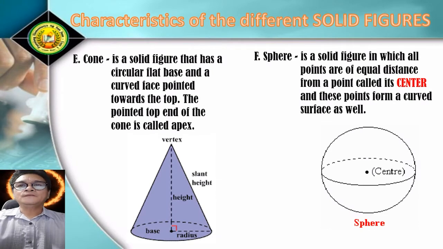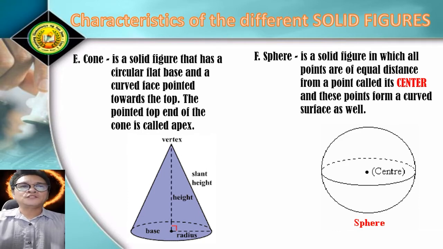Letter E. Cone is a solid figure that has a circular flat base and a curved face pointed towards the top. The pointed top end of the cone is called apex. So, like the pyramid, the cone also has an apex or vertex, and the edge has a slant edge or slant height. The base is a circle.